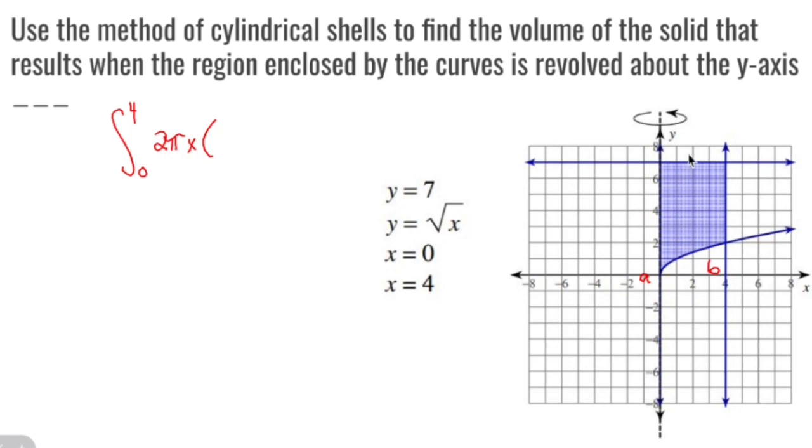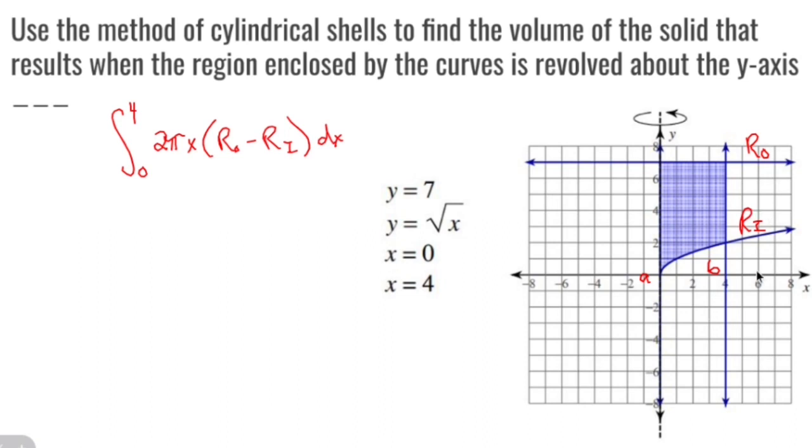However, in this case, we have to mix in a little bit of washer type knowledge, where instead of just taking a regular old picture and spinning it around, I have an upper line, which I'll call RO, and a lower line, which I'll call RI, and we're going to find out what RO minus RI is, and then dx.